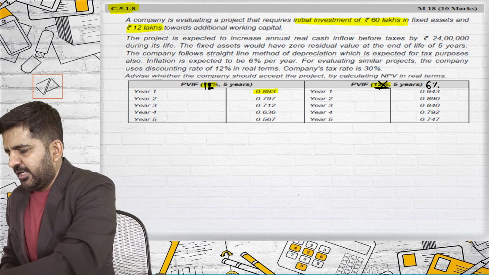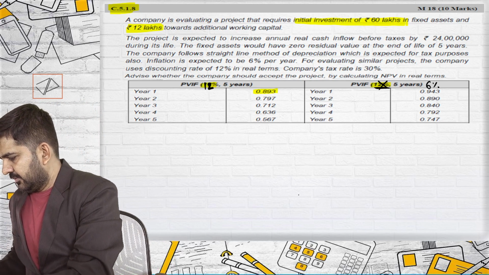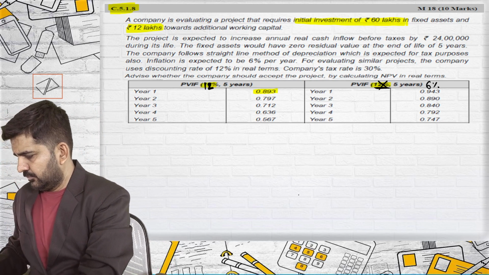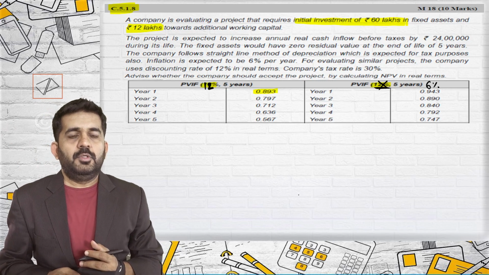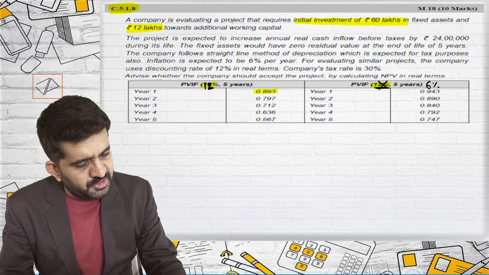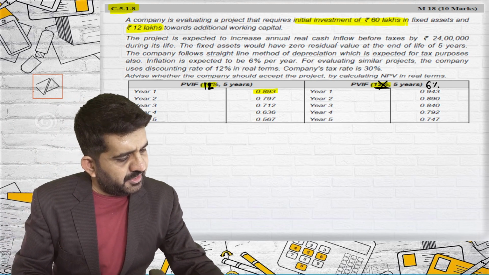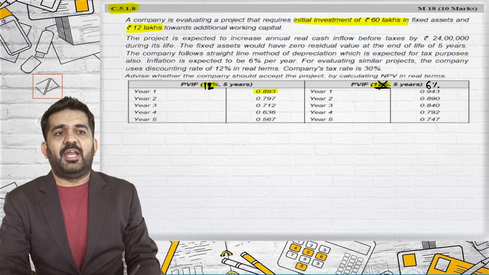So let us first find out just cash flows. So what is given, please try to understand. The project is expected to increase annual real cash flow before tax by 24 lakhs.